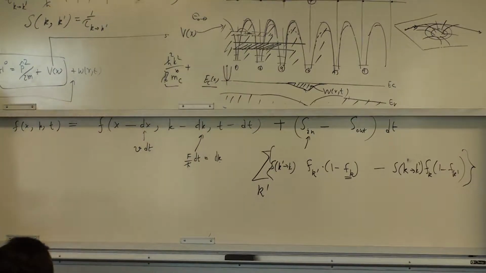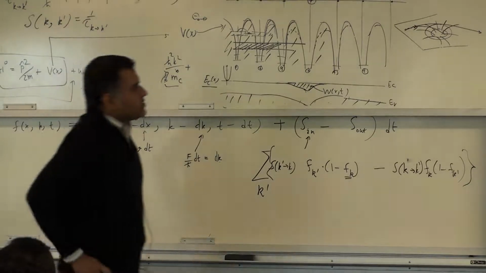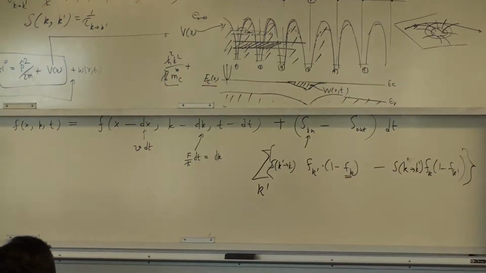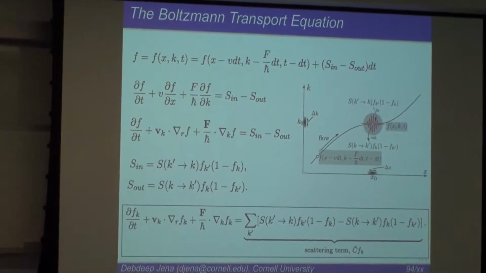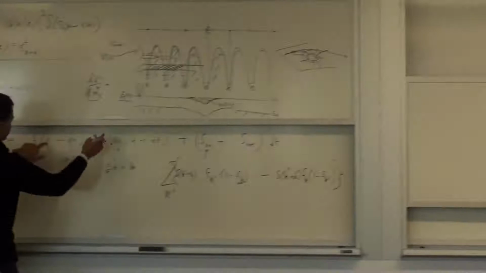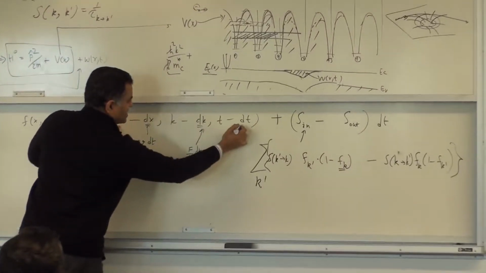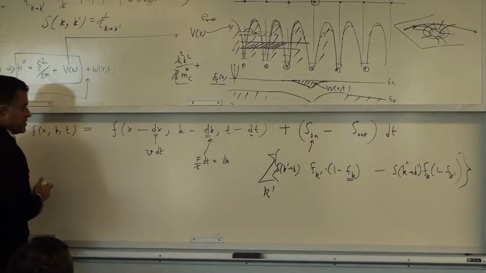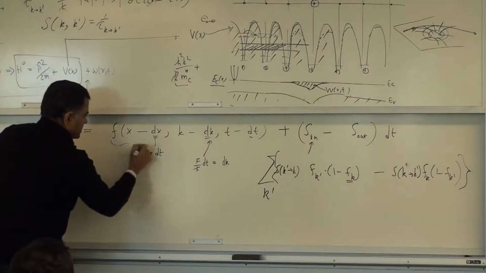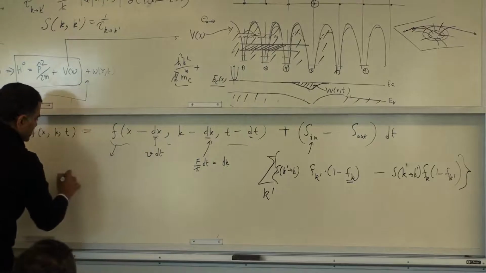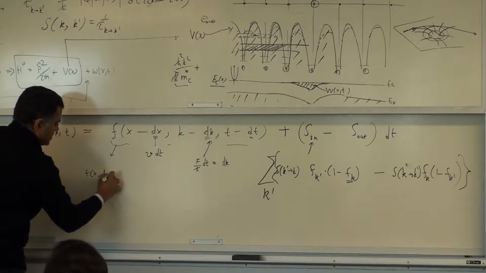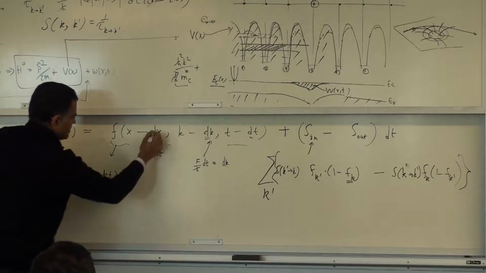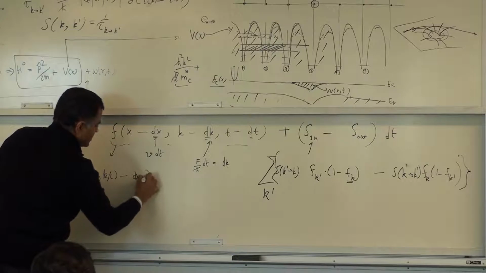Okay, so now what we can do is look at this equation a little bit. You can do a little Taylor series on this side and write the differentials, you just expand around, pull out the x, k, and t, right? Say that this ballistic term here is approximately equal to f at t minus dx times del f over del x.